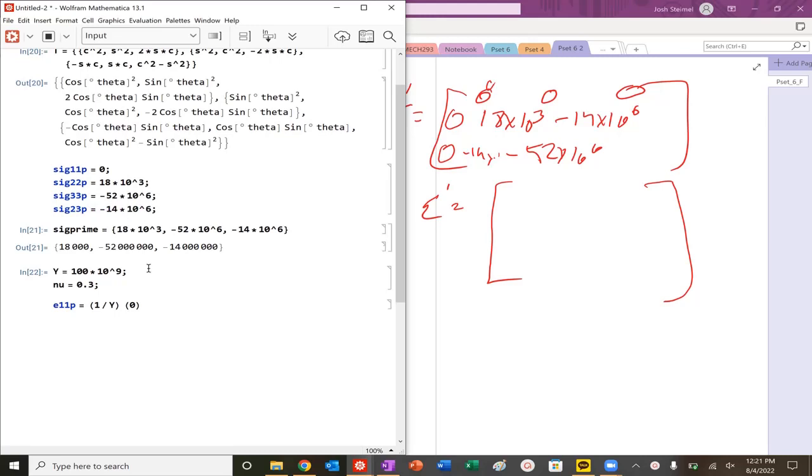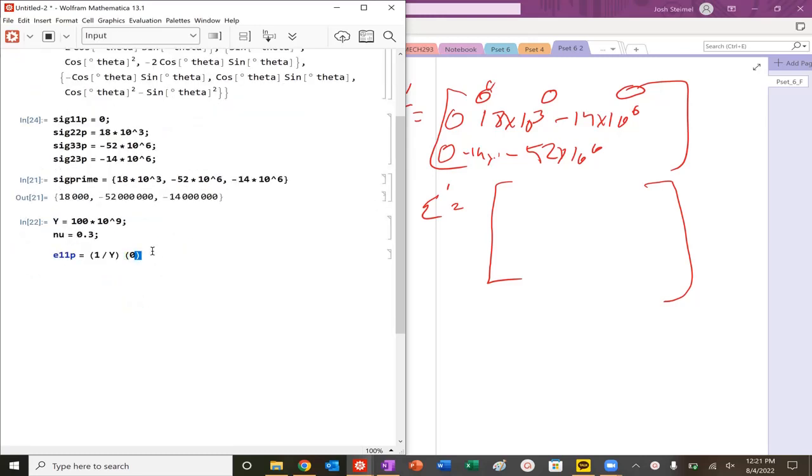All right, and then we could just say everything else is 0. So for E11p, it's going to be our good old friend sig 11p minus nu times sig 22p plus sig 33p. And this is more just calculating now at this point. That's E11p, E22p.